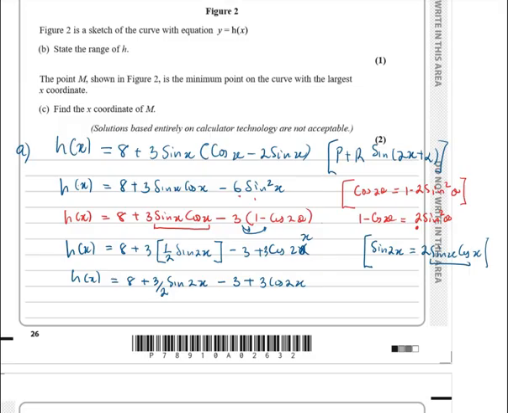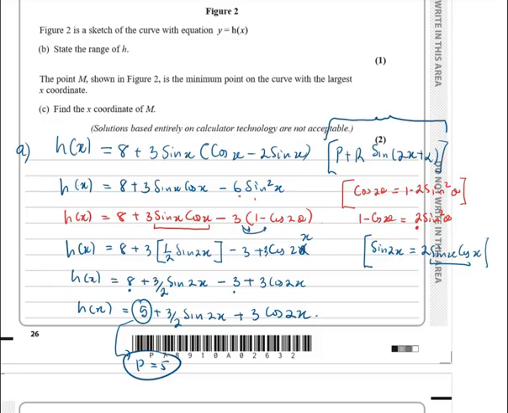Now, when you see your final expression, h of x is equal to the 8 and 3 here becomes 5, then you have 3 over 2 sine of 2x plus 3 cos of 2x. This is the first part of the equation. They want the equation in this format here. That means our p is 5. So p is equal to 5.